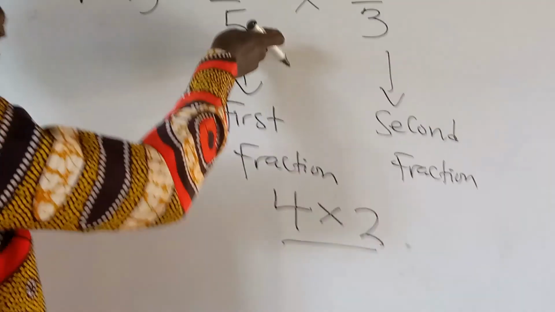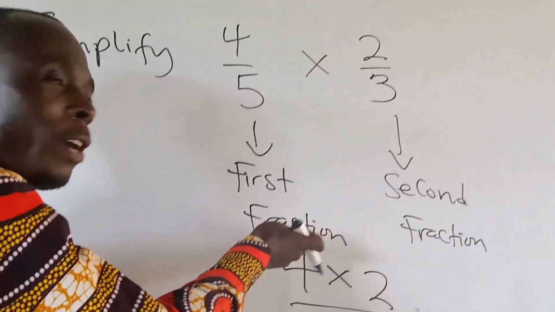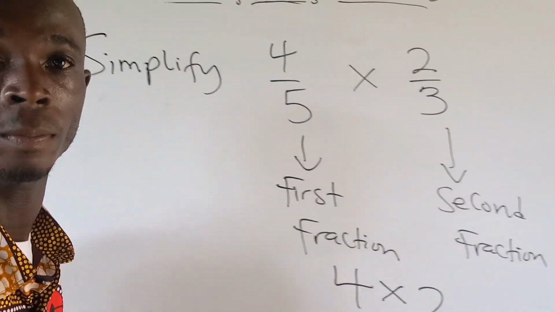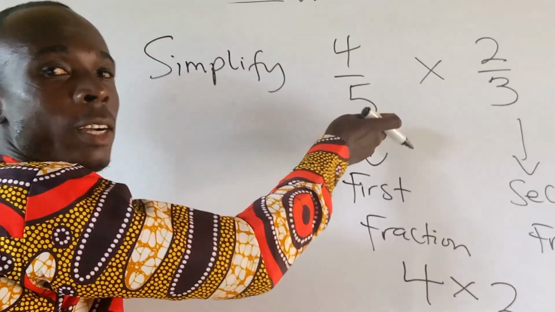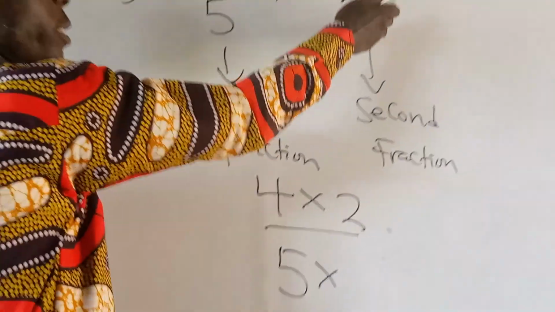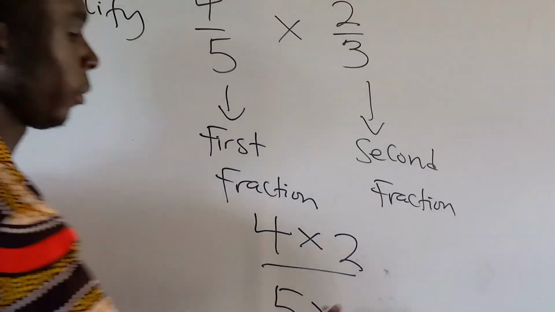And then you multiply the denominator of the first fraction by the denominator of the second fraction. The denominator of the first fraction is 5, and the denominator of the second fraction is 3.